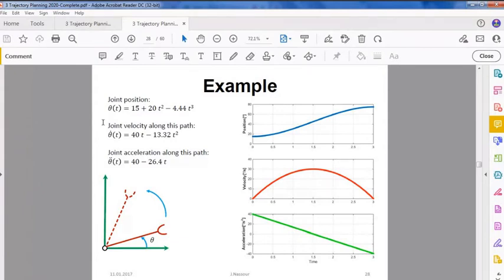For example, from point A to point B, or initial to final, I recommend that you don't just put 3 points. You need to put at least 5.